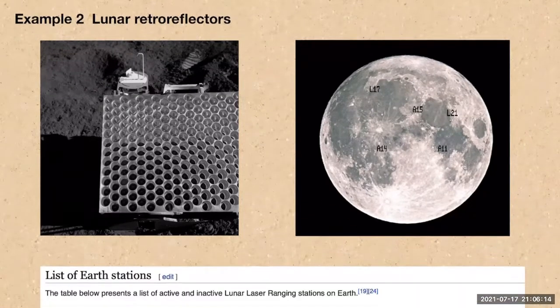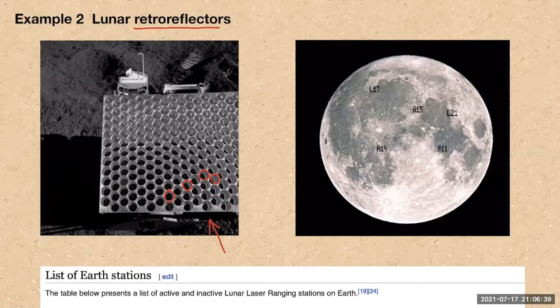They positioned this module on a certain spot on the lunar surface. It's like a honeycomb structure with all these little wells. What are these? Well, this gadget is what's called a retroreflector.